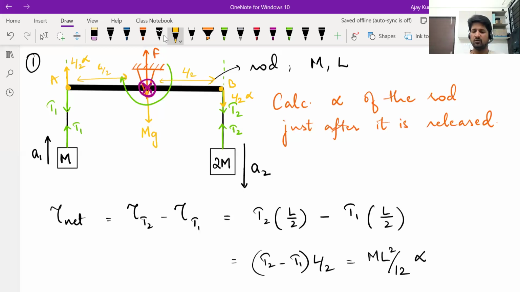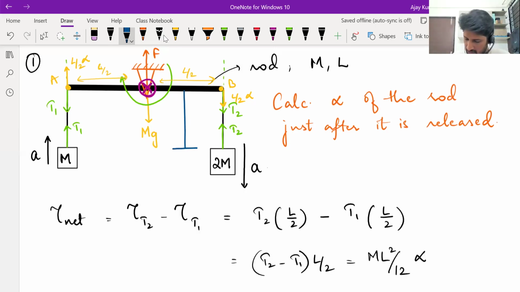And what is this L by 2 into alpha? R alpha, tangential acceleration. They have to be equal. Therefore, the acceleration of m in the upward direction has to be equal to the acceleration of 2m in the downward direction. That way, you have to confirm whether the accelerations are going to be equal or not. Had this second block been connected somewhere else, you'll have a question like this in the next worksheet.